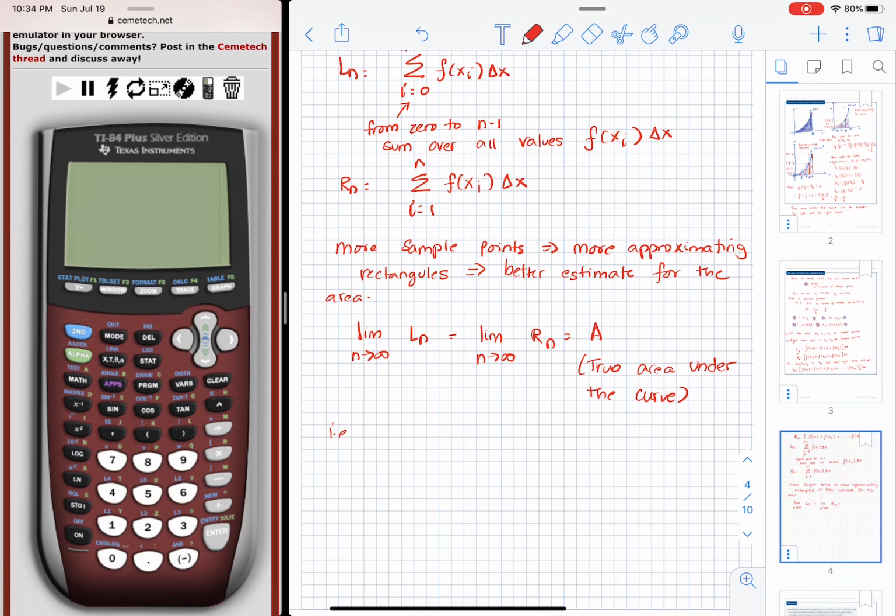That is, if we use infinitely many approximating rectangles, we will get the actual area under the curve.